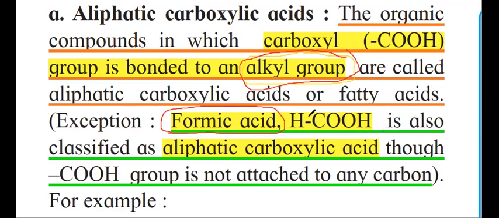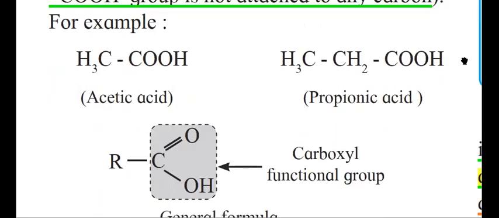It does not contain an alkyl group or R group, yet it is included in aliphatic carboxylic acids. This is just one exceptional case. In other cases, the COOH group is attached to an R group or alkyl group.